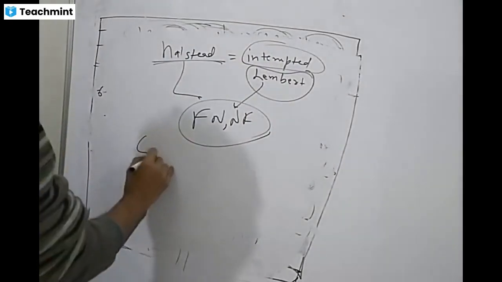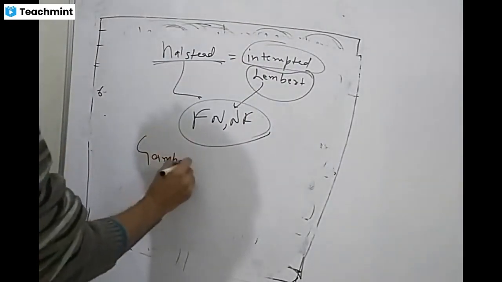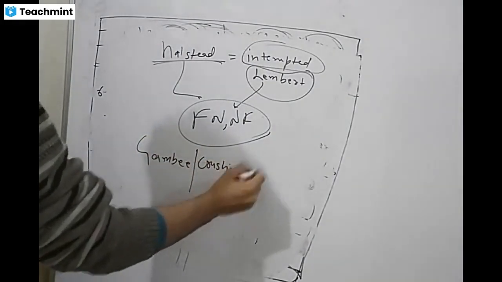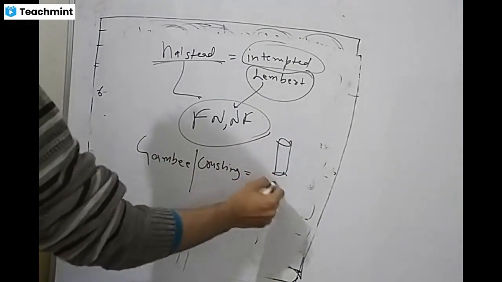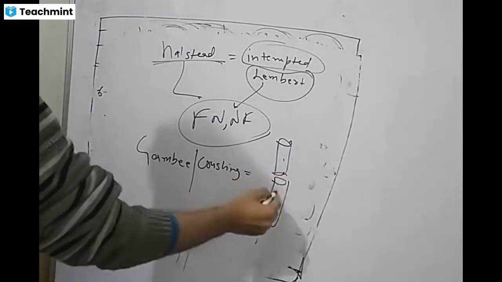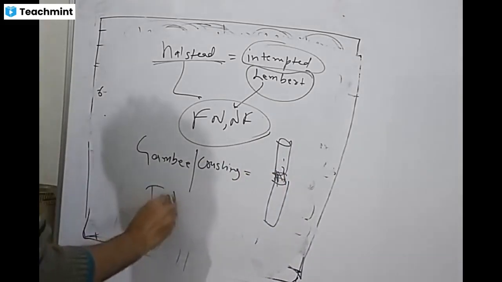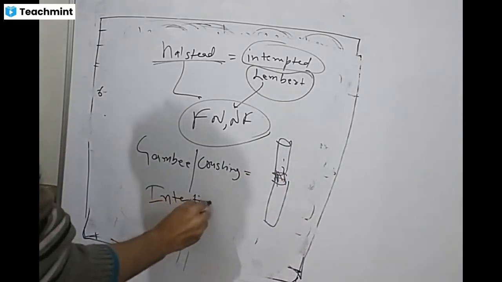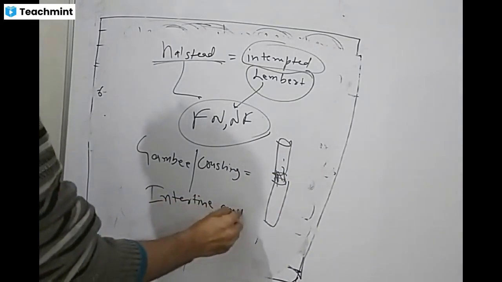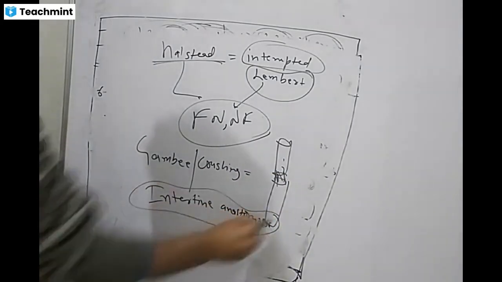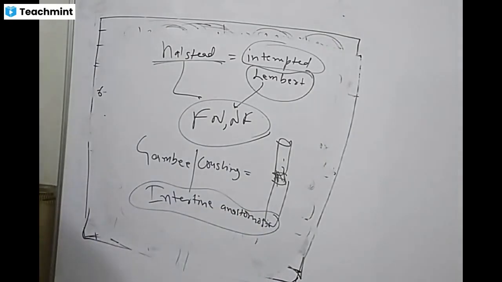And the next is Gambee, also known as crushing type. The two ends of the intestine are connected to each other. So Gambee pattern is used for intestine anastomosis. So these were some of the interrupted patterns.